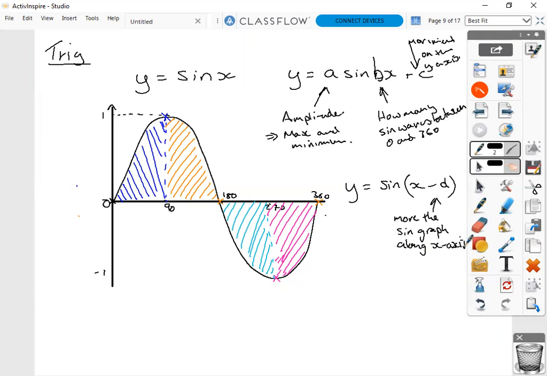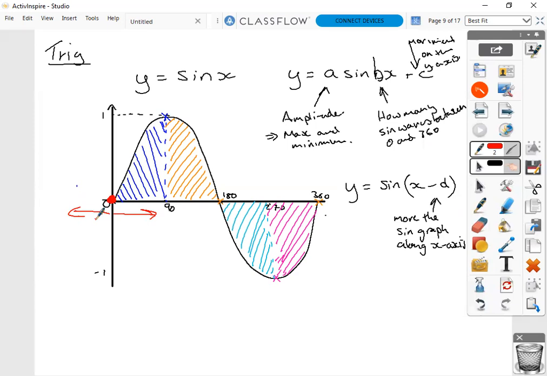That's going to move your start position either to the right or to the left. Okay, so that's an important one when we're sketching to understand where that start position is going to be.